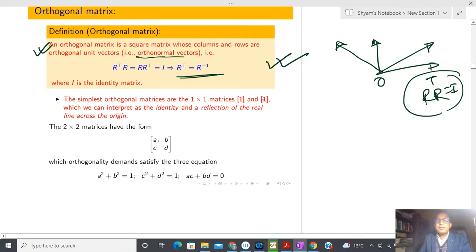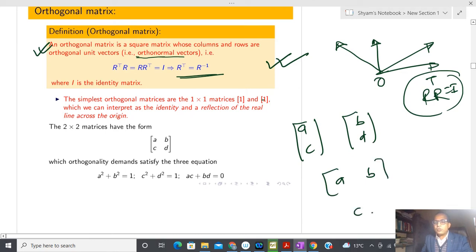If the column and row vectors are unit vectors, what does it mean? You can consider the column vector, this is called the column vector, and this is called the row vector.